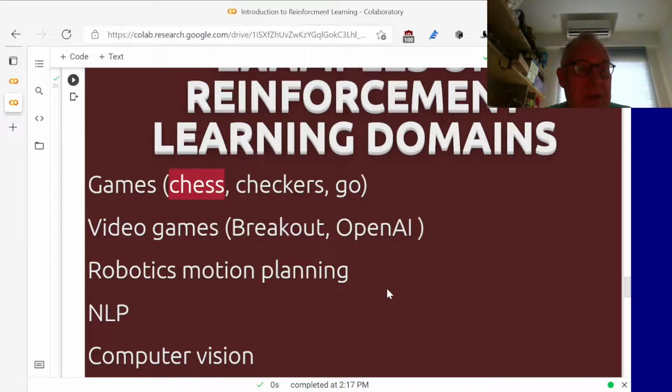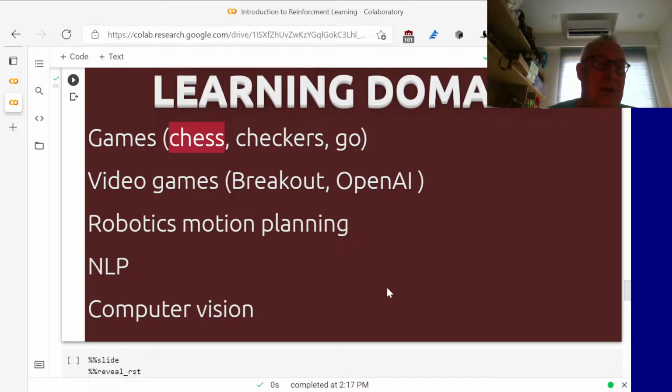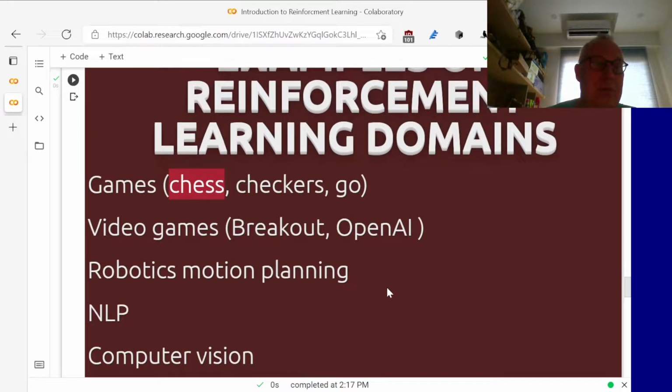Natural language processing, translating of sentences, building semantic structures can also be based on reinforcement learning. And also some areas, some algorithms for computer vision are now based on reinforcement learning. At the beginning, I talked about detecting cats and dogs, for example, using an image.